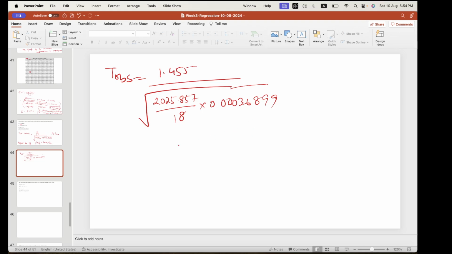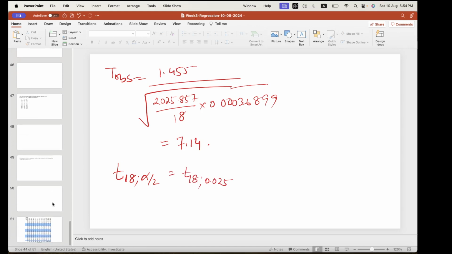This entire thing is close to 7.14. Now we have to find t n minus k, that is 18, alpha by 2, that is t 18, 0.025. To do that we need the t table.